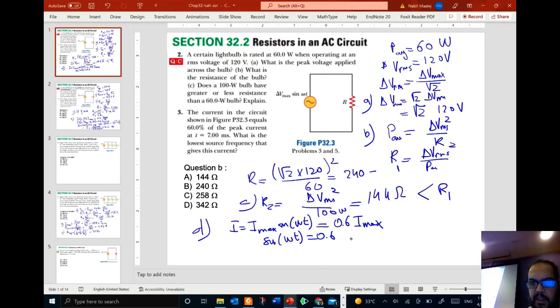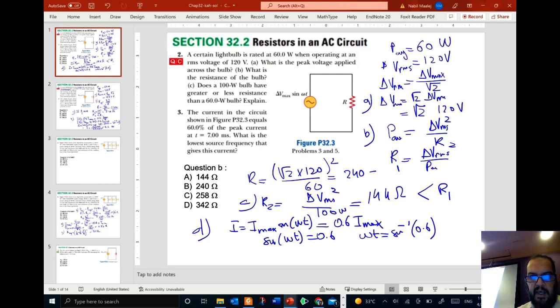So what is omega t? Omega t is going to be the inverse sine of 0.6. You have to be careful: you have to do this in radians, not in degrees.